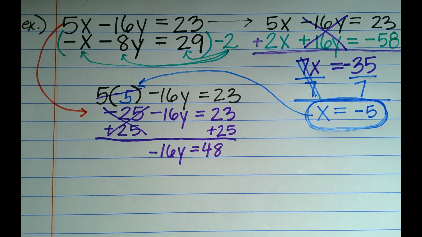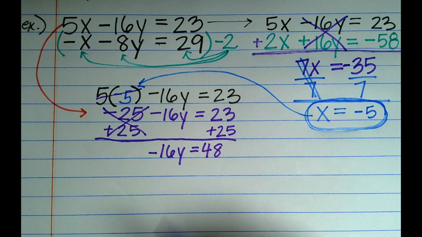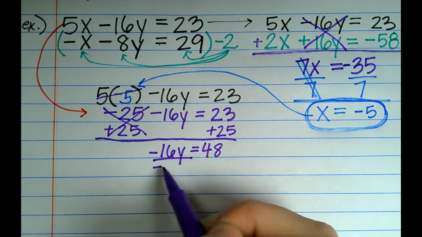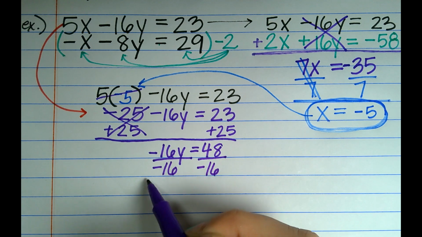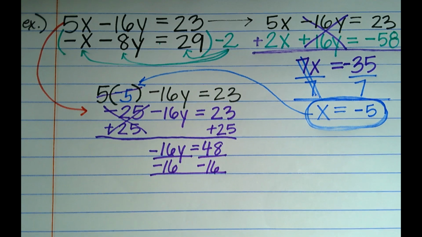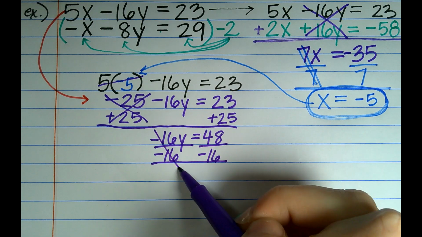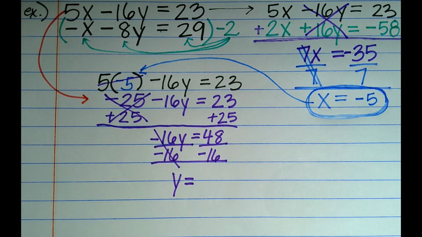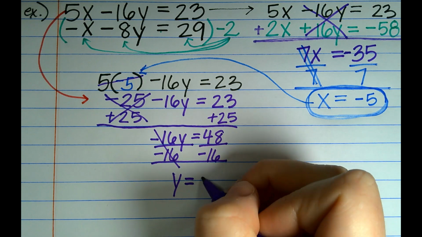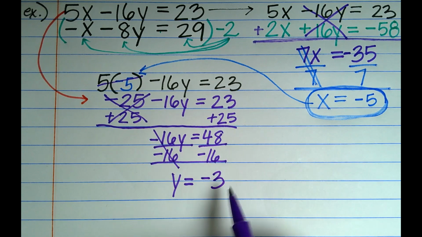All right, one last step. What do I do? Yes, divide by negative 16. Okay, those will cancel, leaving me with y by itself. And now I have 48 divided by negative 16. Negative 3? All right.